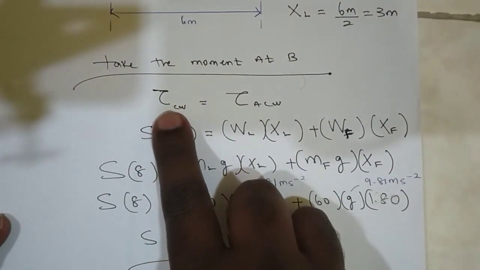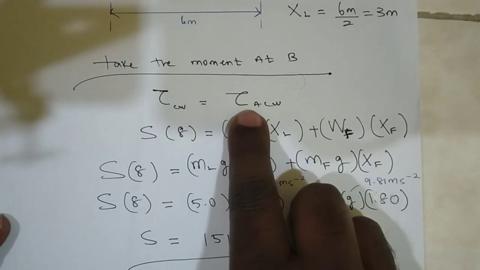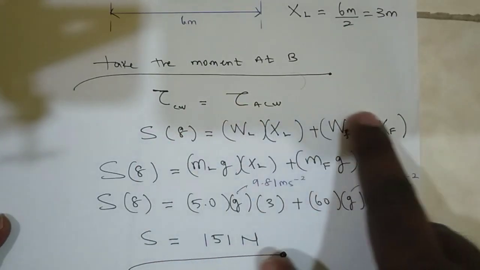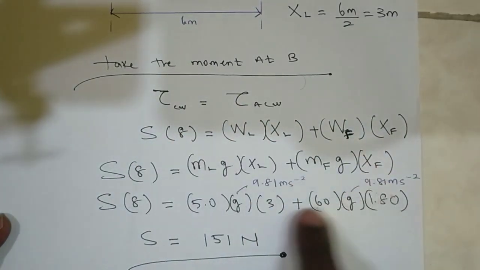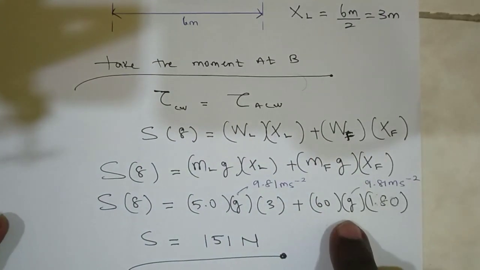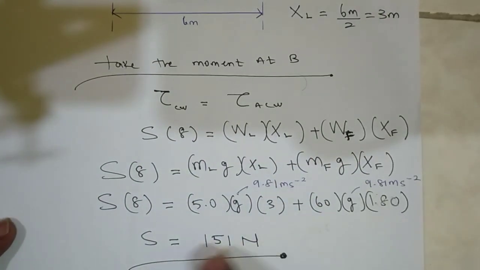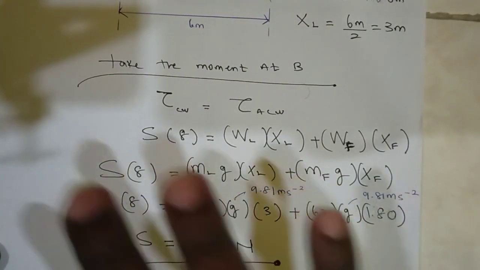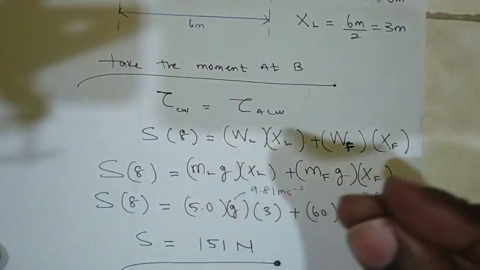Torque of clockwise equals torque of anti-clockwise. Substitute all the values accordingly, and finally you will get the horizontal force S equals 151 Newton. Simple like a bubble without giving you any trouble.